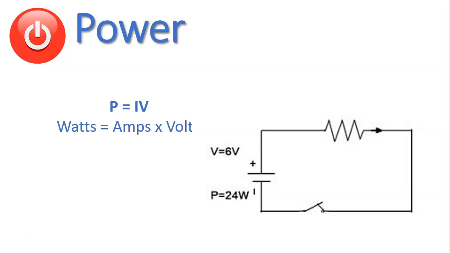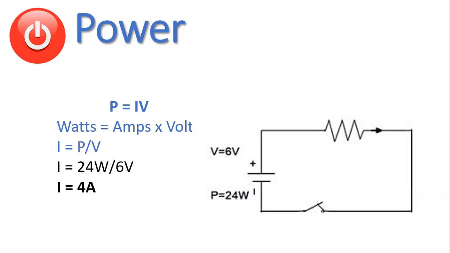So we don't need to use Ohm's law on this one because it's giving us the power usage. So we're just using the power law and we're rearranging it. So current is equal to the power divided by the voltage. That's 24 watts divided by 6 volts, and we get 4 amps.